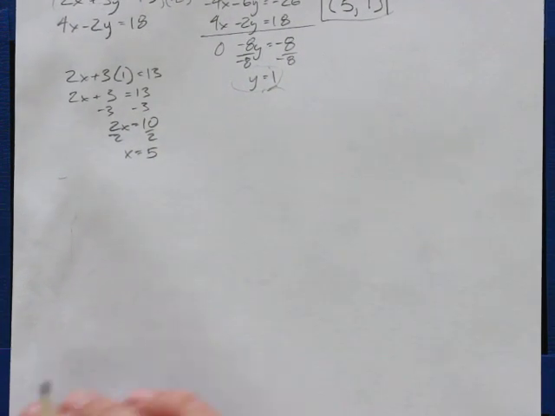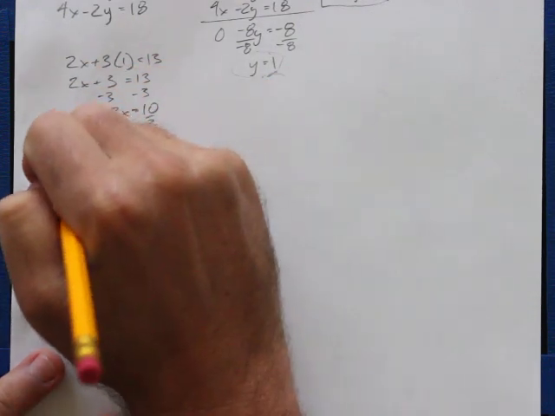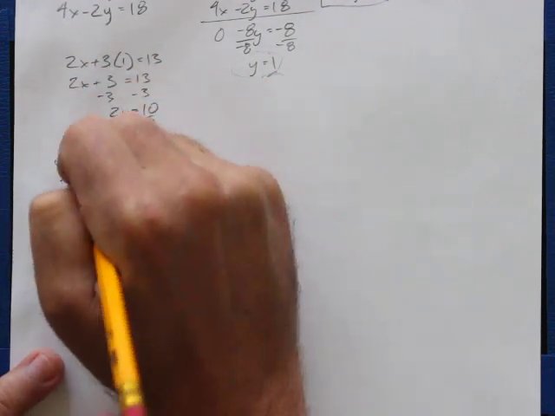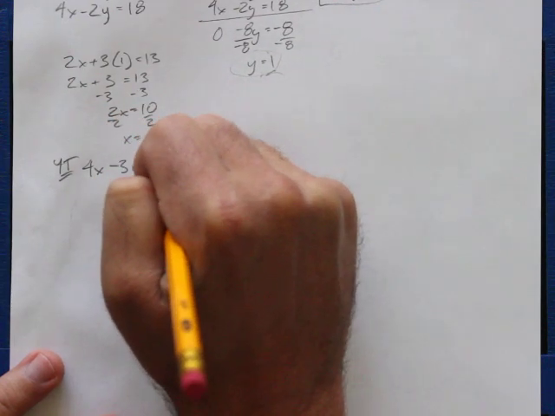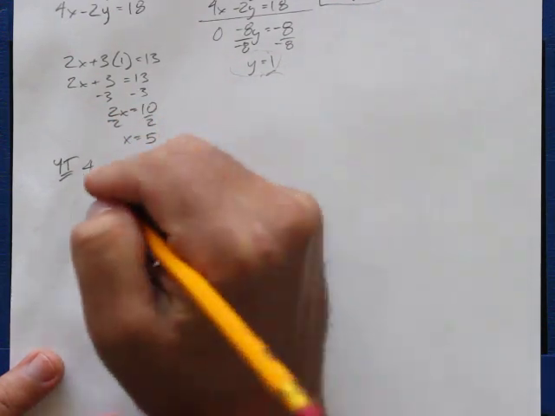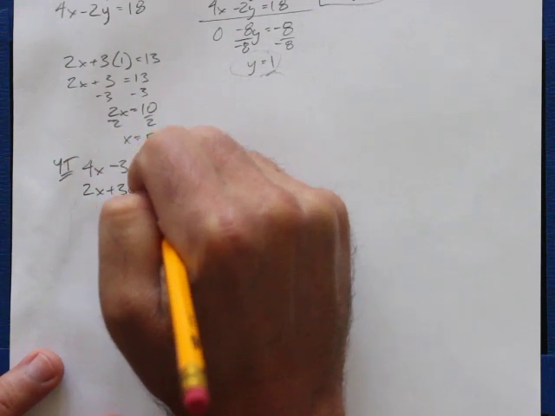All right, let's give you guys one to do on your own. How about one that is almost exactly the same as the one we just did? Why not? 4x minus 3y. Oh, this one is even easier. Equals negative 22. 2x plus 3y equals 16.